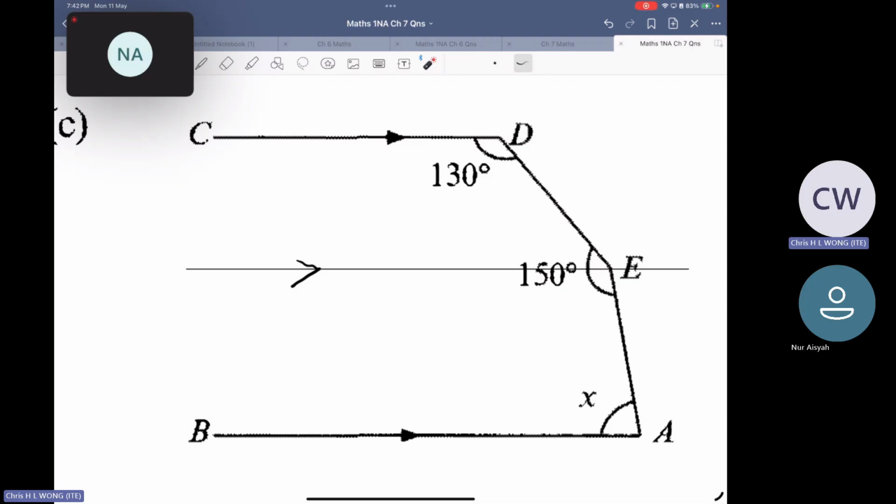We minus 130, minus 150, you get X. Because this one is this and this and this and this and this, you will give 540.